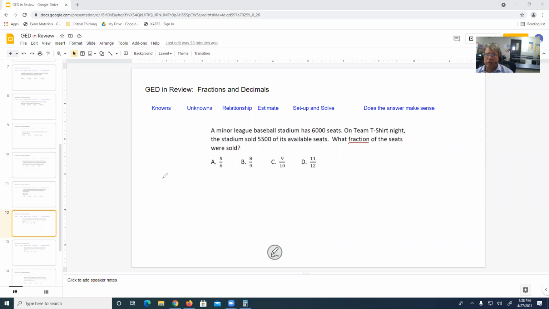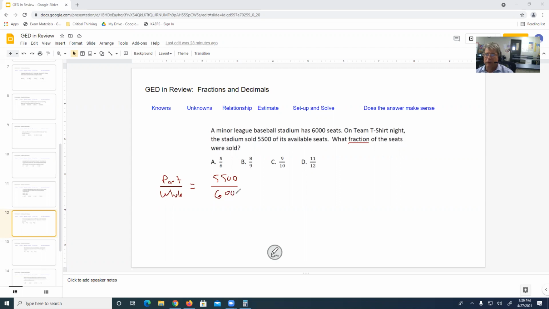Fractions are sometimes what we call ratios. So what I'm picking up on is there's this part to the whole amount. That's fraction language. So the part that was actually filled was 5,500 out of 6,000 seats.